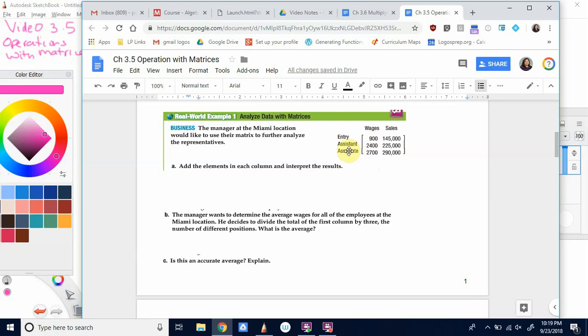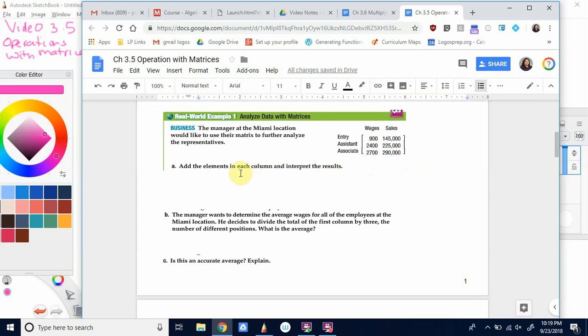An assistant-level position makes $2,400. And an associate makes $2,700. Now how much in sales do they bring in? An entry-level brings in about $145,000 of sales, assistant $225,000, associate $290,000. So this is a matrix. We've got 3 rows by 2 columns, so it's a 3 by 2.